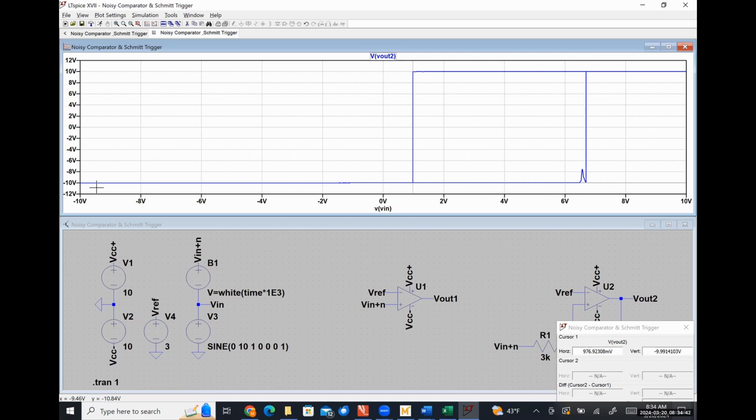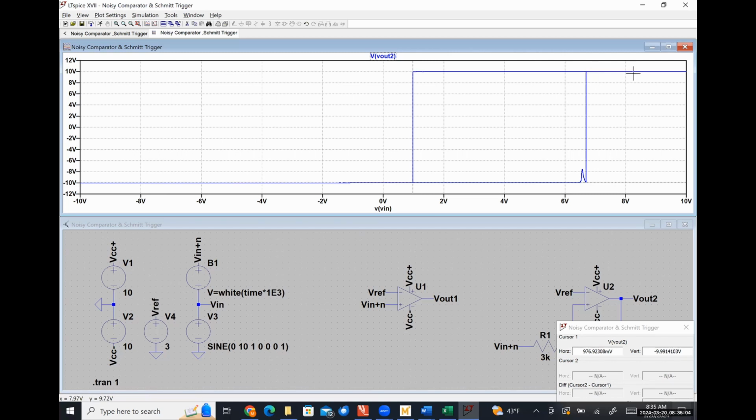So effectively what's happening here is that our output voltage signal is low at -10 volts until our input voltage hits our upper trigger limit, at which point our output voltage transitions from its low state to its high state.